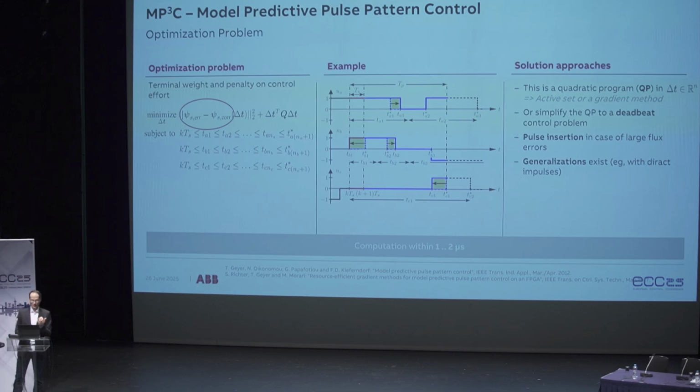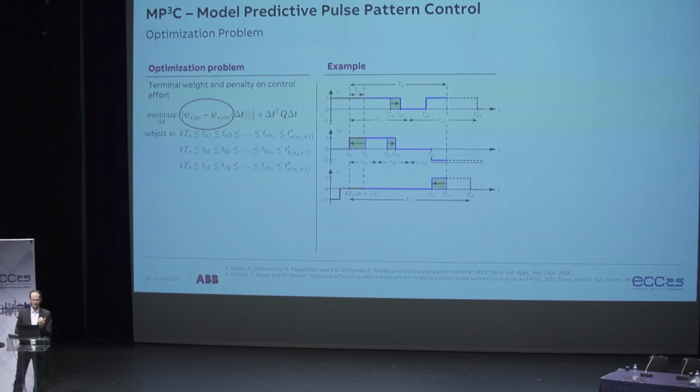You can also introduce Dirac impulses. So you can say, I don't want to minimize effectively having here a terminal weight that you minimize. I want to also regulate it along its trajectory along the prediction horizon.